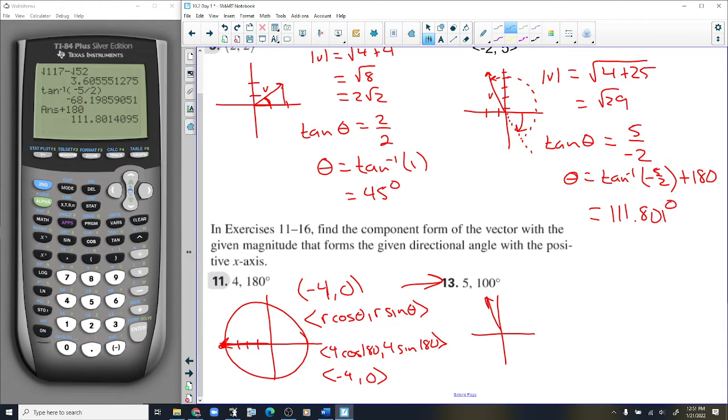So we need 5 cosine of 100 degrees and 5 sine of 100 degrees. Negative 0.868 and 4.924.